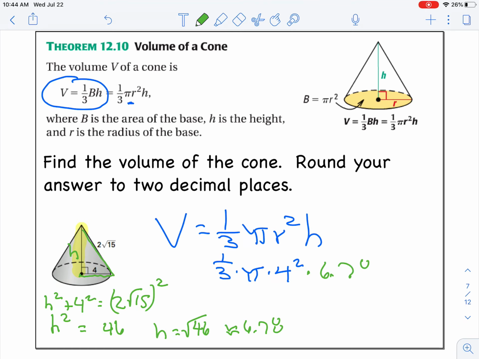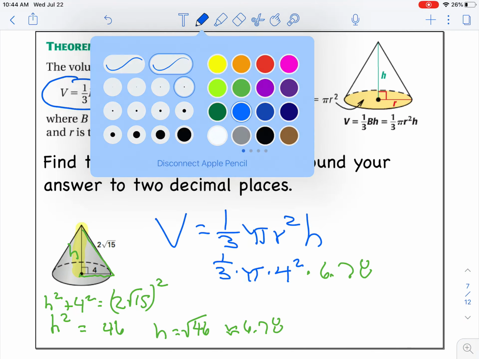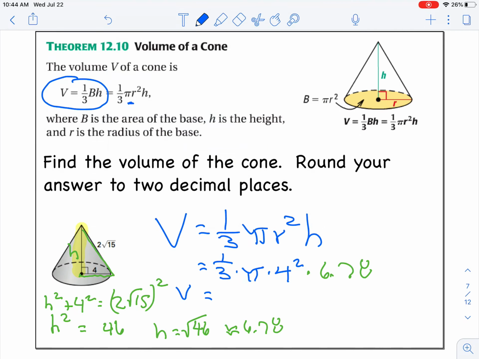So that's what I need for my height, 6.78. Now multiplying all these together gives me a volume of 113.64 units cubed. And that could be slightly varied if you use the square root of 46 or 6.78.